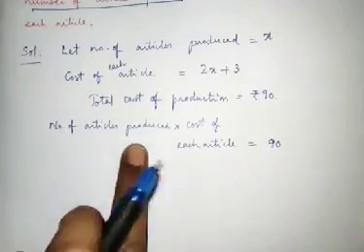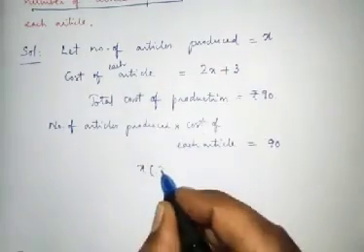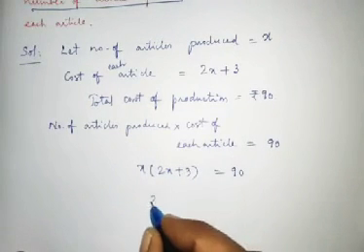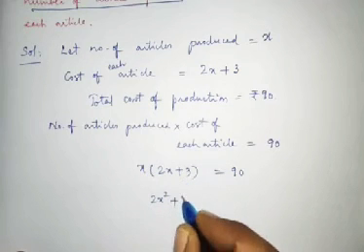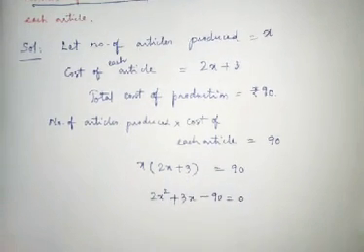So the number of articles produced is x, the cost of each article is 2x plus 3, which is equal to 90. 2x into x, 2x square, x into 3, 3x. Shift this 90, minus 90 is equal to 0.